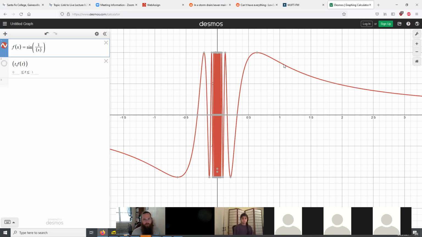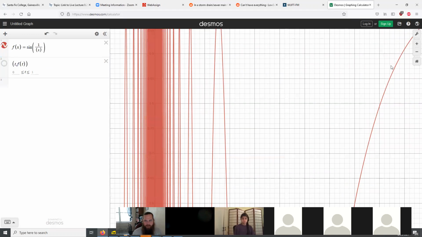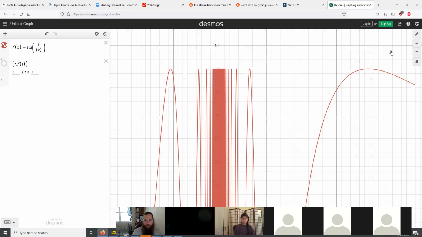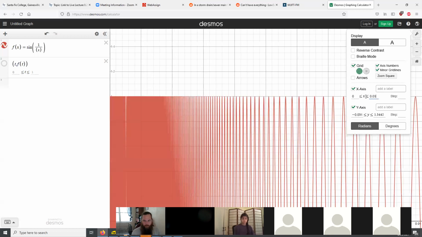All right. So imagine you've got a point, your little guy, and he's walking in, trying to get closer and closer to 0, that is, x coordinate closer and closer to 0. As you come in here, he's going to start bouncing back and forth really violently. And play with the scales a little bit. Let's just do from 0 to 0.01.